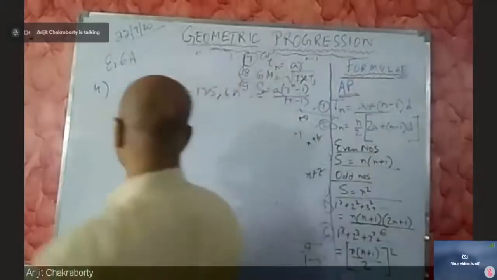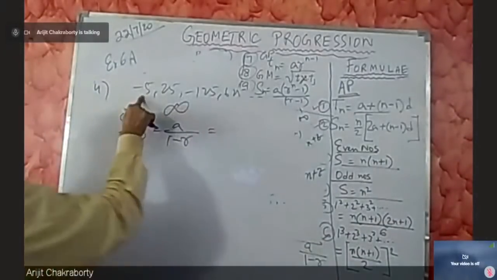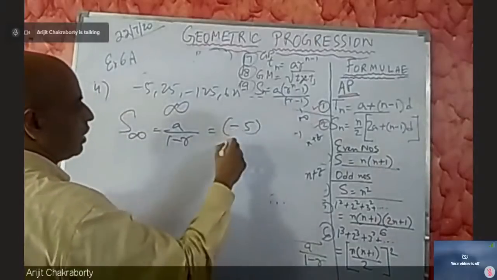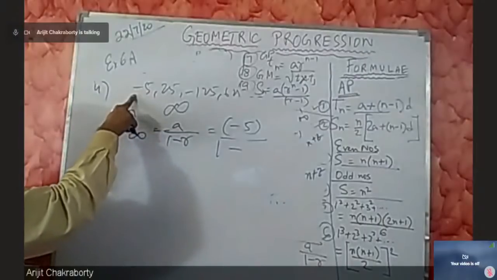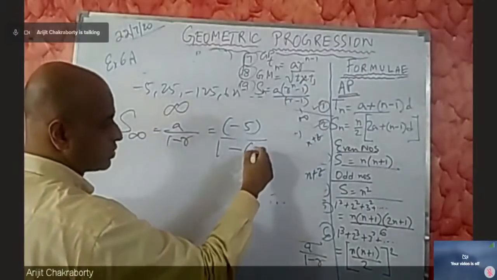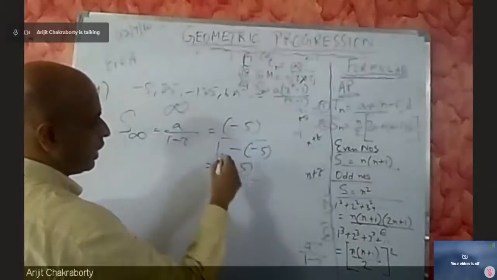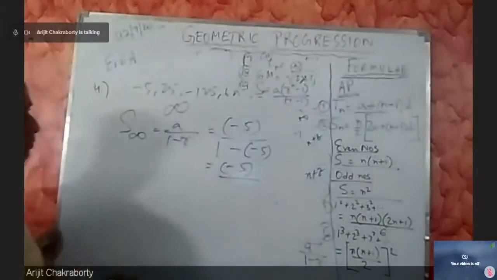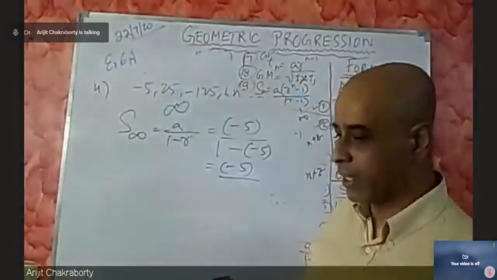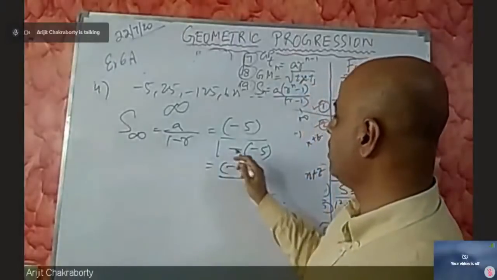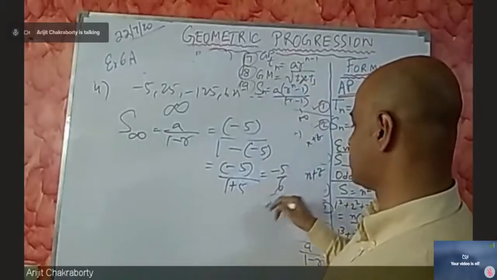We know the formula, sum to infinity equal to A by 1 minus R. Here A is minus 5. 1 minus R. R is 25 by minus 5, that is, it is also minus 5. So, minus of minus 5. So, we have minus 5 numerator and 1 plus 5. So, it is minus 5 by 6.